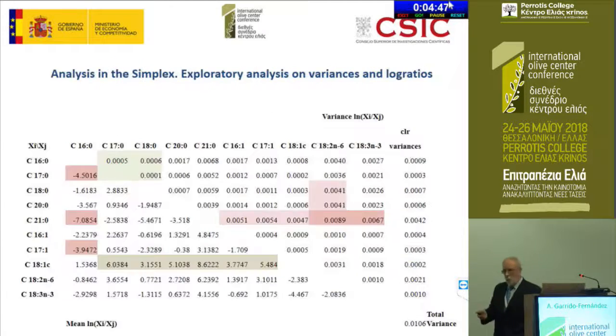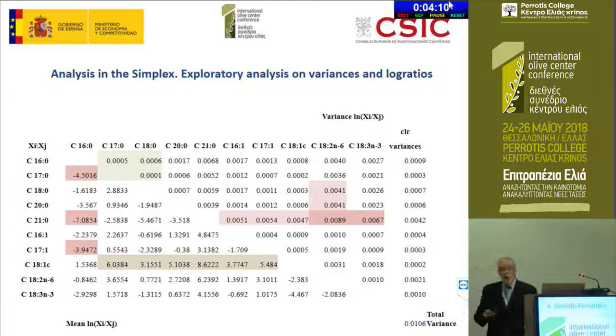In this analysis, one of the first things is the variance matrix, the variation array. It is this one. There is just the variance of the log ratio, because all the statistics in this new statistic are based on log ratios. Then this variance is referred to the log ratio. For example, this is the log ratio of this fatty acid with this other one. What is the interest of this variation array?